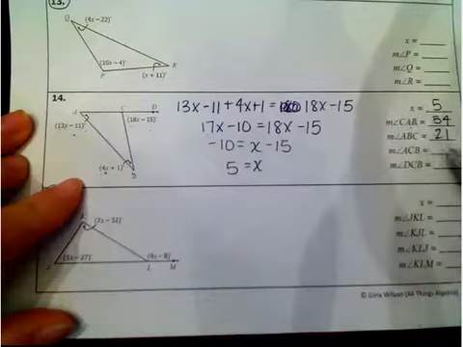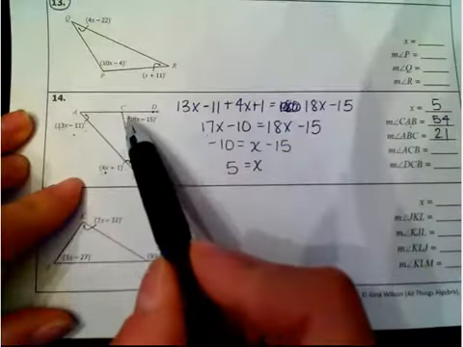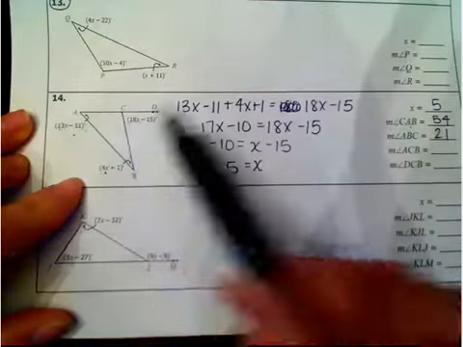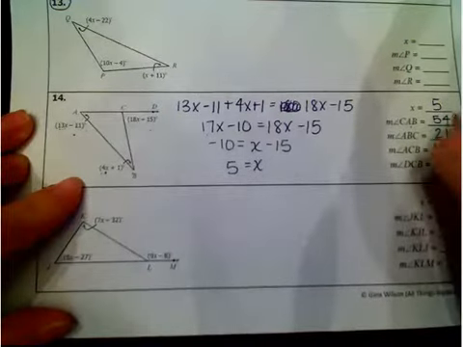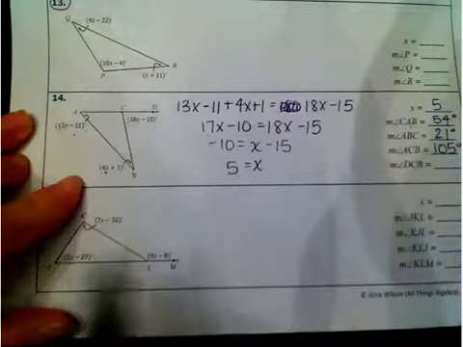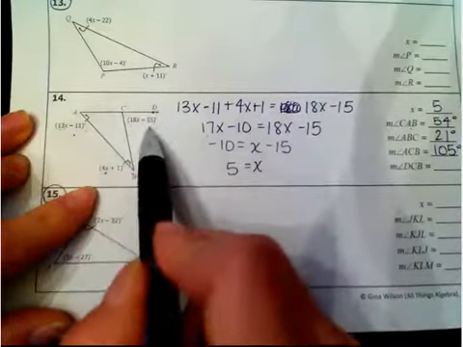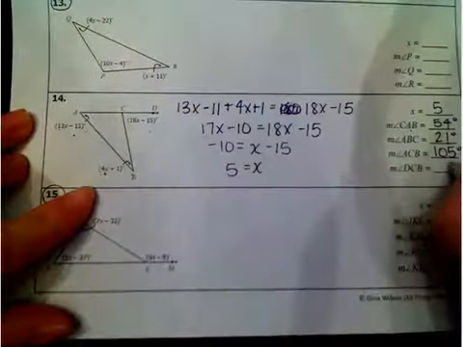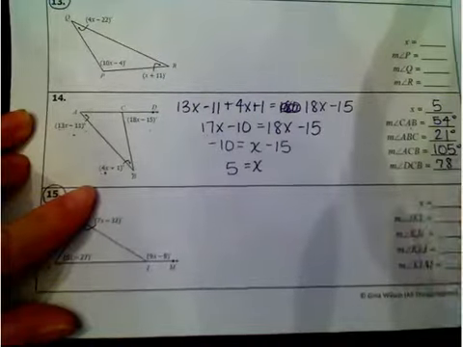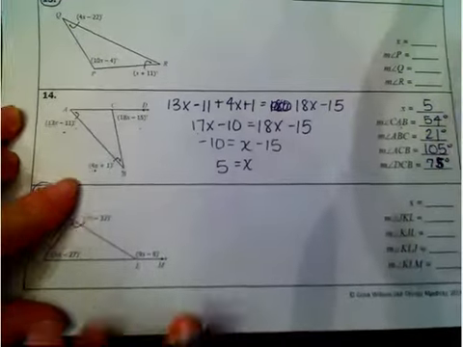So if I add those up, I'm going to get 75. And then 180 minus 75, because this is the third angle in the triangle, will give me 105 degrees. Okay, and I will go ahead and add in my degree symbols. And then angle DCB is 18x minus 15, and when I plug 5 in for x there, I get 75, not 78. 75 degrees.